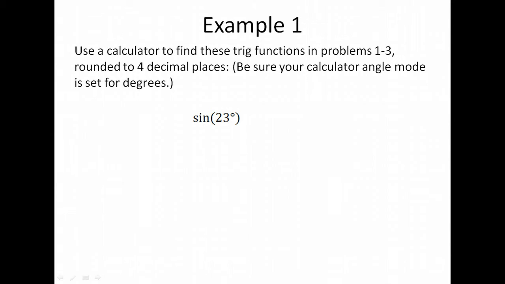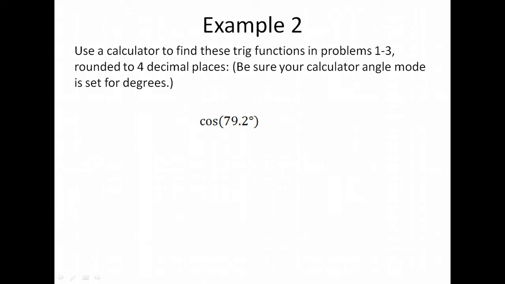Okay, so if you put it in the calculator, you're going to get that the sine of 23 is approximately 0.3907. Example 2, cosine of 79.2 degrees.